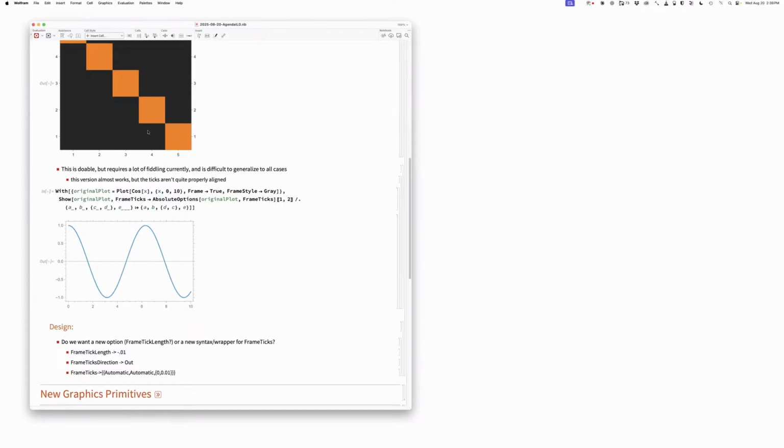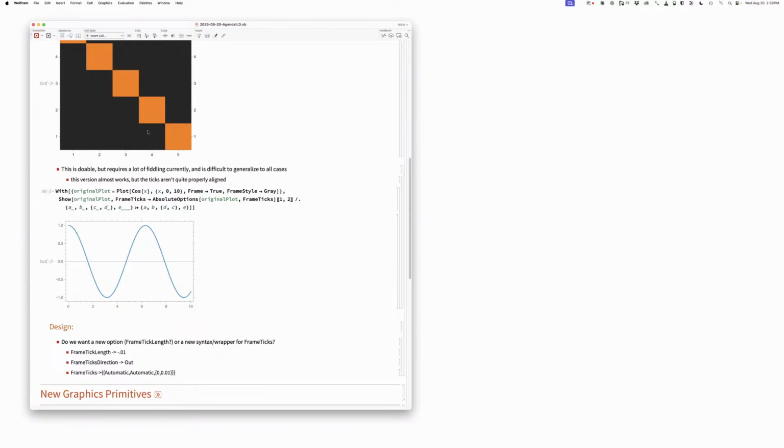And then the left arrow, automatic or something, would give what the frame ticks are on the left, whatever. And then within that, we can then say, because you might want one ticks going out and one tick going in and all kinds of stuff, right?